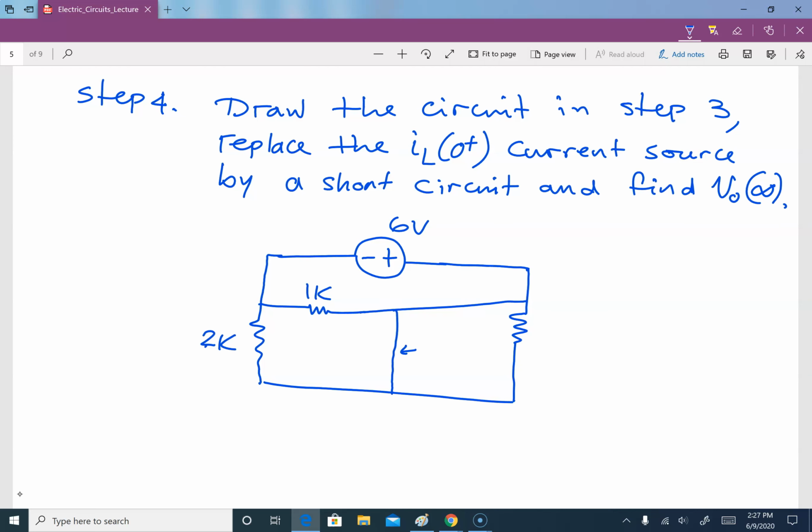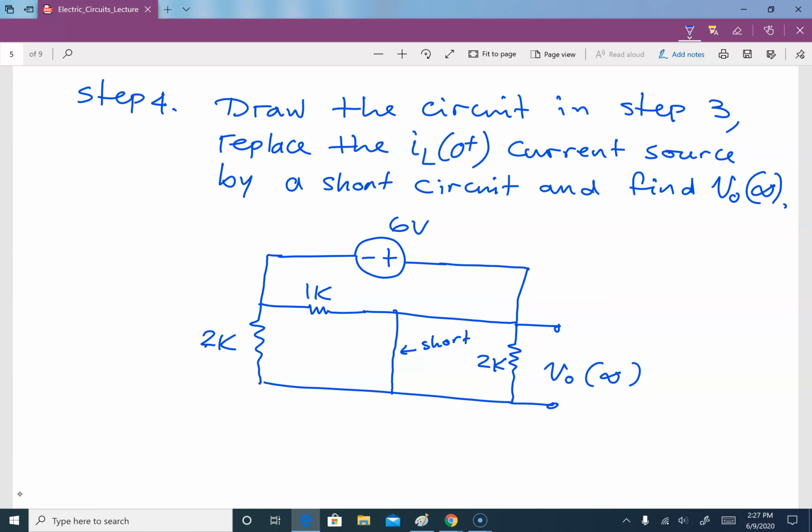So this over here is short, right? This is what we did. And then I can get these straight. And this is where we need to find V0 of infinity. This is 2K.